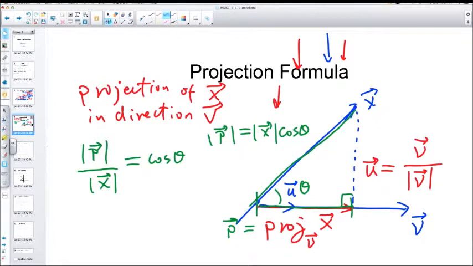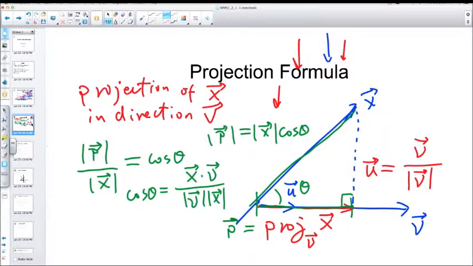But you say, well, I don't know cosine theta. That's when you learn the dot product. The cosine theta equals x dot v divided by v and x lengths. See, that's when we defined the dot product as the product of the magnitudes times cosine theta. So we got everything.